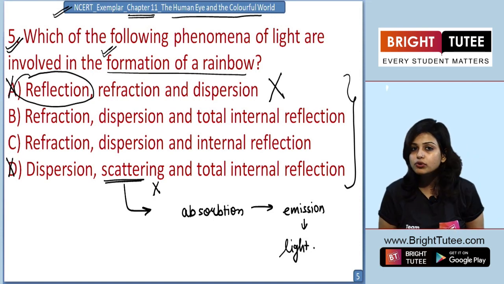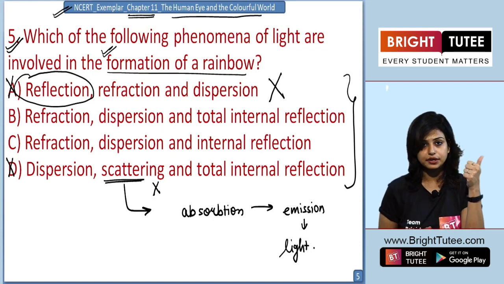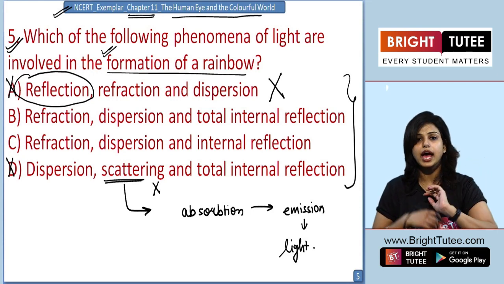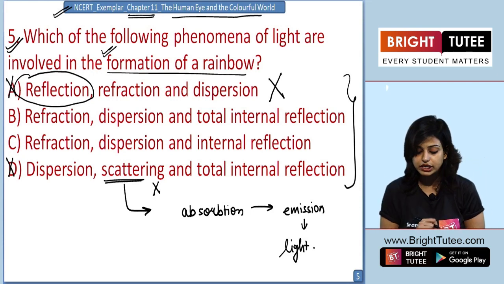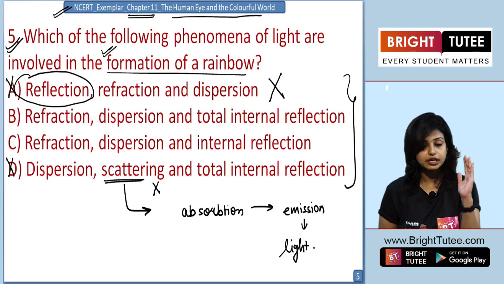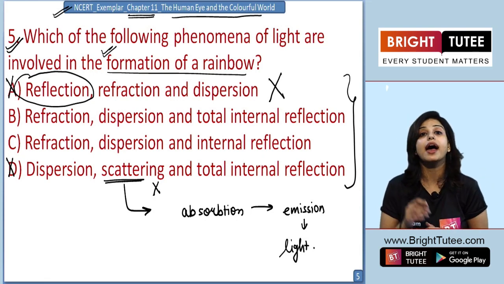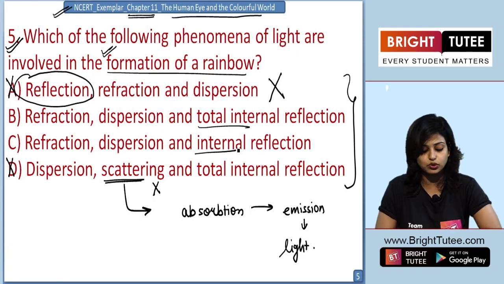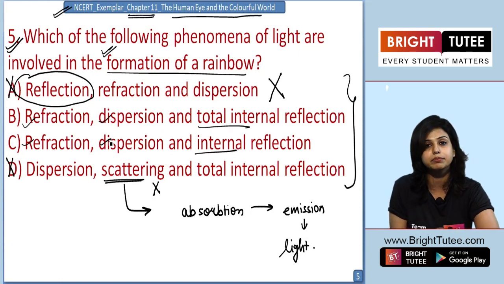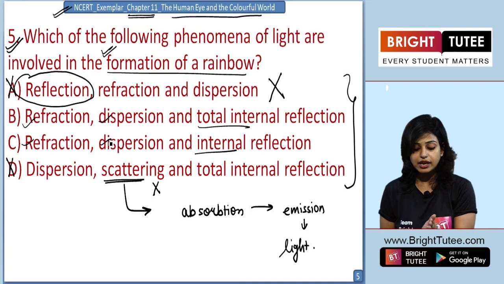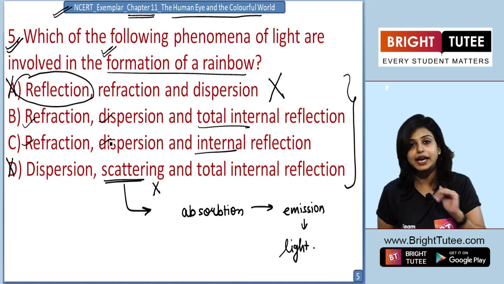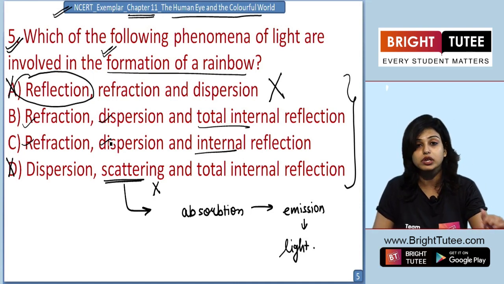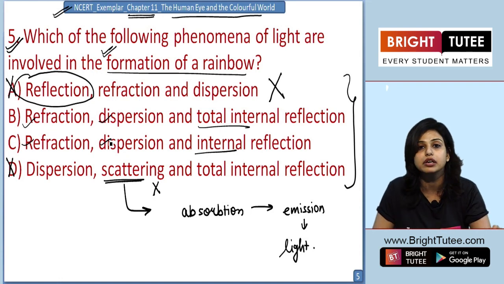Now we are left with two options. Option B says refraction, dispersion and total internal reflection, and option C says refraction, dispersion and internal reflection. Now what is the difference between these two terms? Because the other terms are similar in B and C, the only difference will be deciding whether the correct term is total internal reflection or internal reflection.